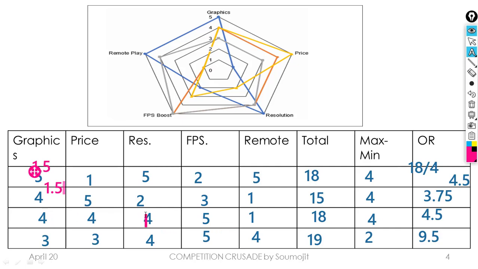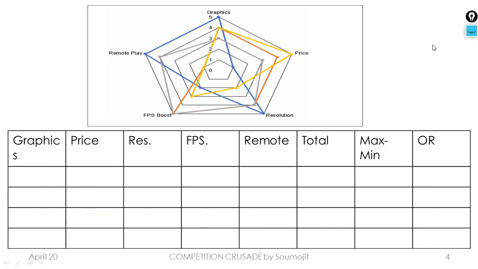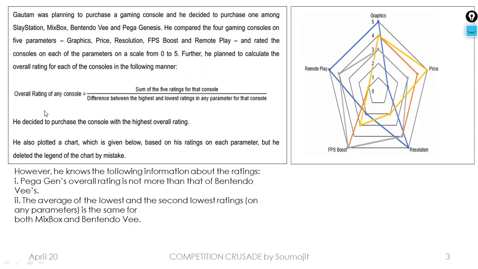So this doesn't really make any sense. Lowest is 3, second lowest is 4, again makes no sense. We were given that the average of the lowest and the second lowest, please read it over here, that lowest and the second lowest is the same for both Mixbox and Nintendo Wii.